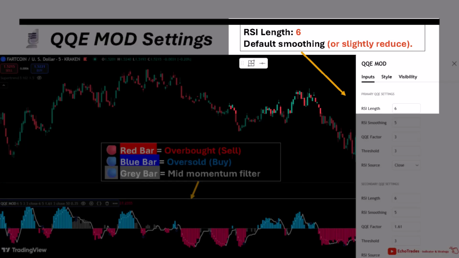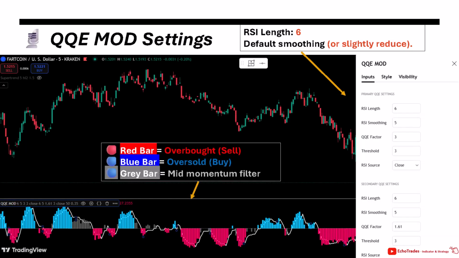Again, a shorter length means it reacts much faster to immediate price changes. Crucial on the 1 minute chart where momentum shifts constantly. Now, for smoothing, you can stick with the default, or some traders like to reduce it slightly for even quicker signals. A bit of flexibility there. So combine a super responsive trend filter with a quick-fire momentum check. It's the synergy, isn't it? How they work together. That's where it gets really interesting.